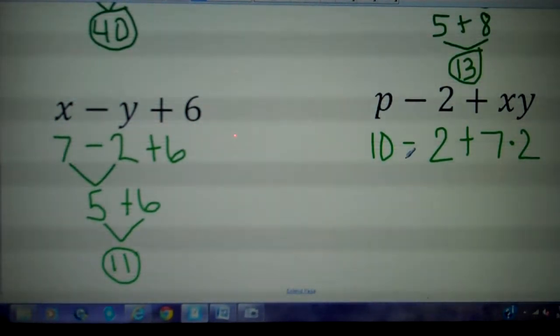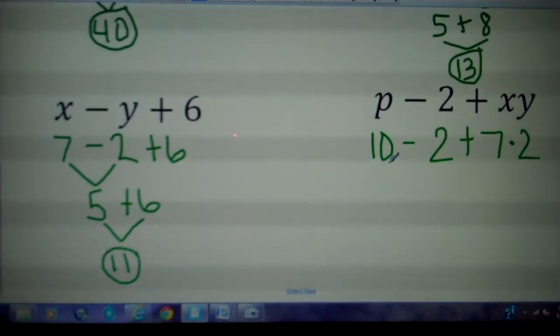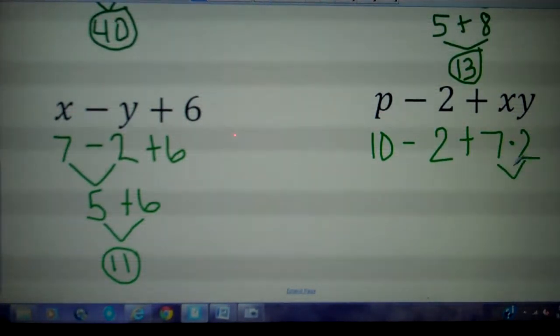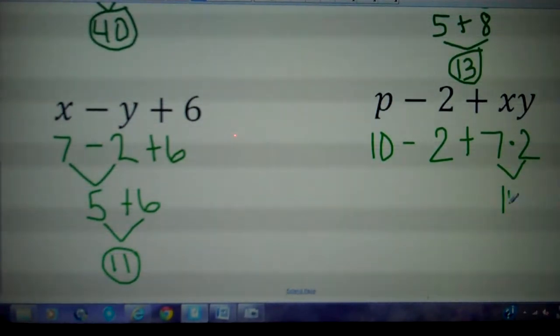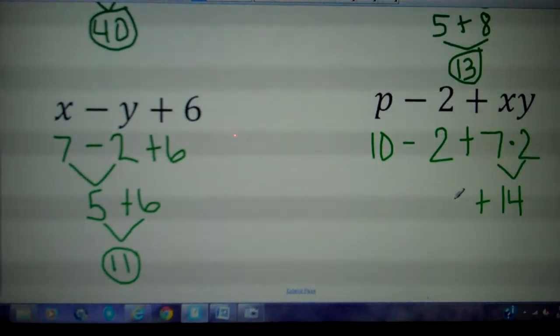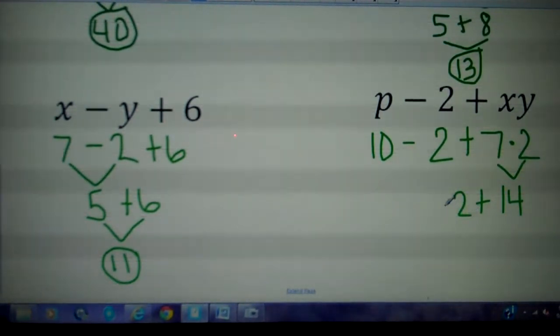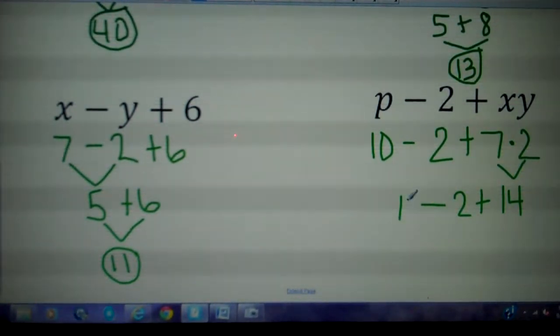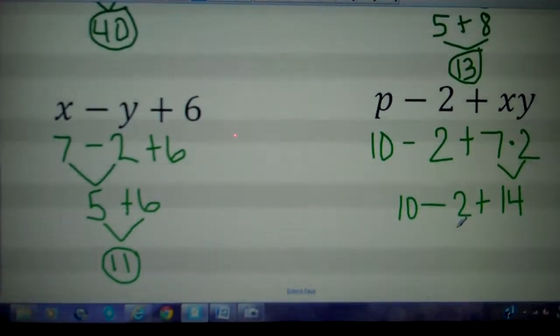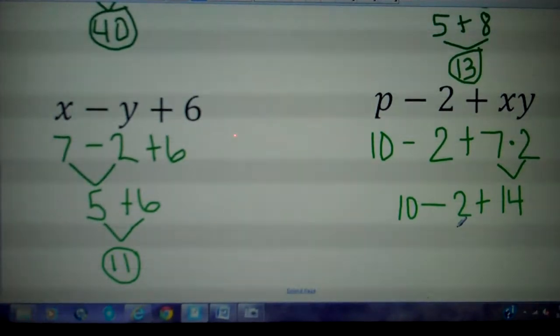I don't see any parentheses, exponents, multiplication or division, whichever comes first in the problem, and I see multiplication right here. 7 times 2 is 14, plus the 2 minus 10. Now I've gotten rid of all my multiplication. Now it's addition or subtraction, whichever comes first.